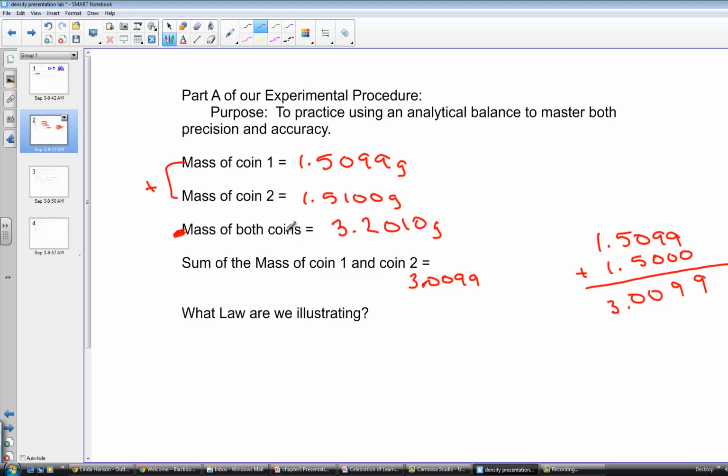The weight of the scale, when both coins are on, should indeed be identical to when I'm adding individual weights together. The law of conservation of mass. But really, it's just a sneaky way to get you to practice your skills at being precise and accurate when using an analytical balance.